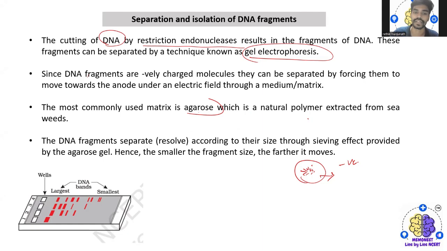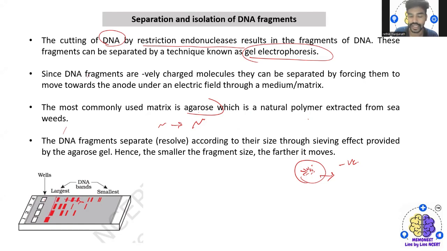The DNA fragments separate according to their size. That means if they are very small in size, they'll move first, and if they are very huge, they'll move much slower. So the smaller the fragment, the farther it moves. As you can see here, in the wells you load the sample, which consists of the DNA, and the largest size is here.